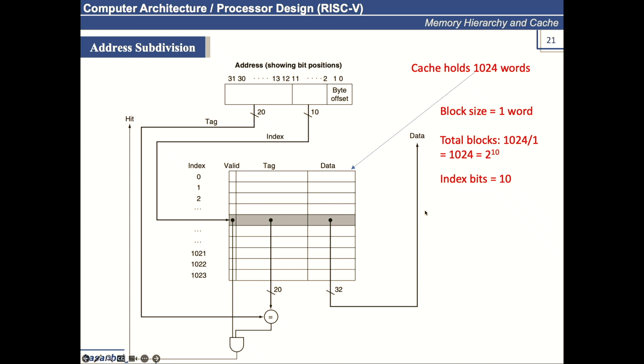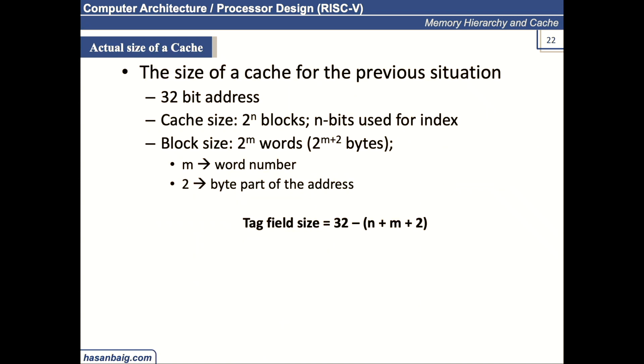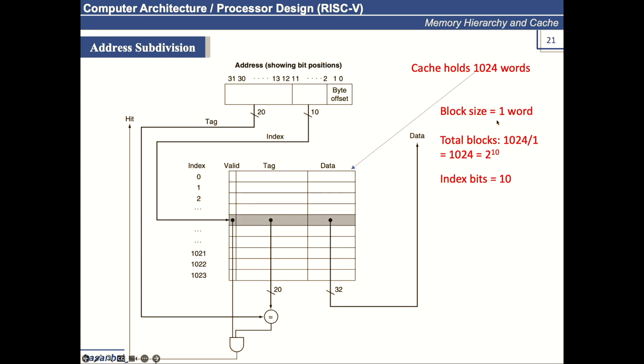So let's look at the actual tag bit size here. In this previous example, we had a 32-bit address. Cache size is represented as 2 to the power n blocks, so n bits are used for indexing. Block size is 2 to the power m words, so there are 2 to the power m plus 2 bytes in a block. In the previous example, what is the block size? It's 1 word.